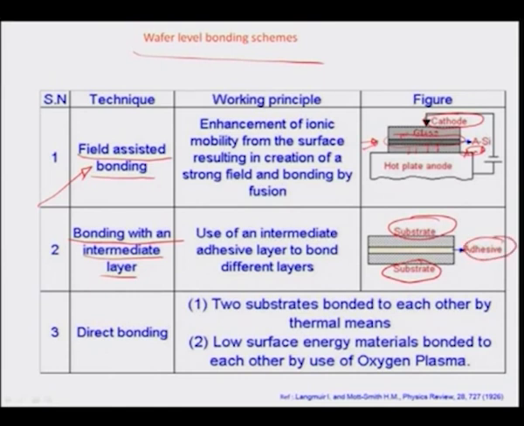But mind you, if there is a MEMS architecture which is available over one of these substrates, unless it is well protected, this kind of bonding cannot take place, because adhesive is a quite flowable material and it can flow into these features and structures and block them.